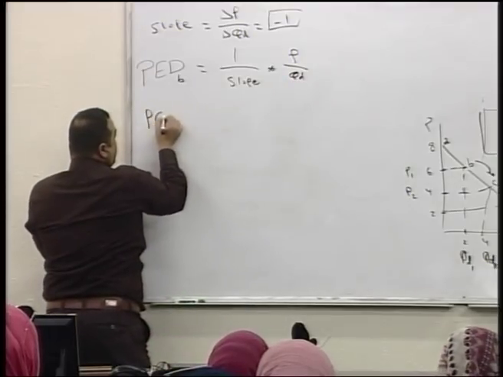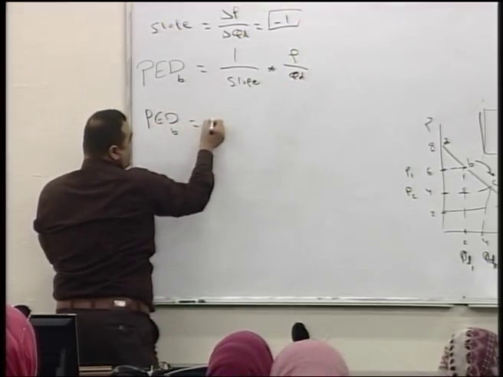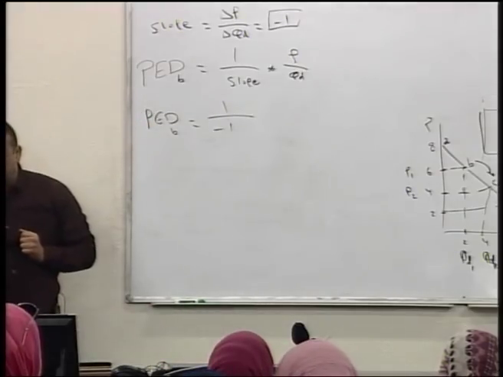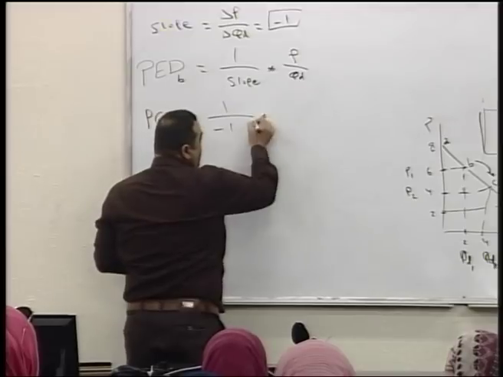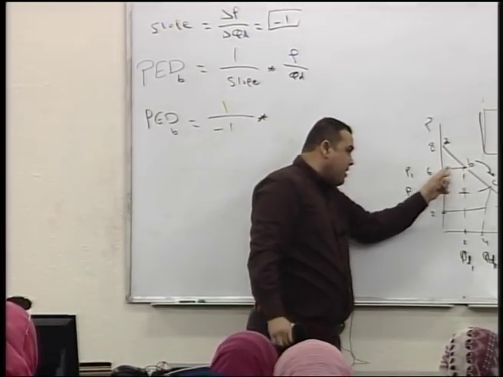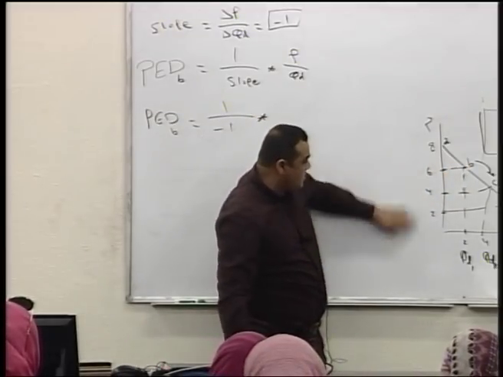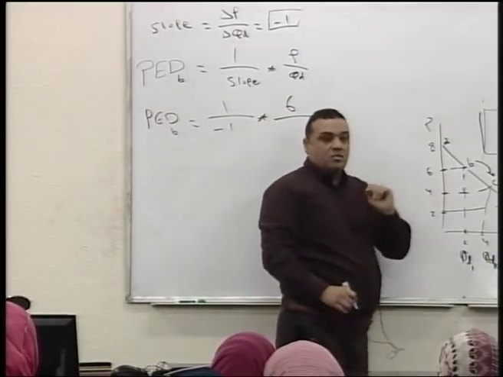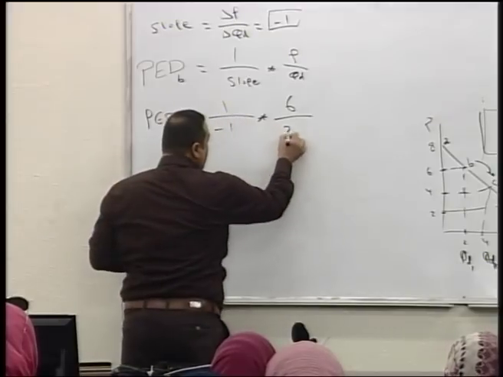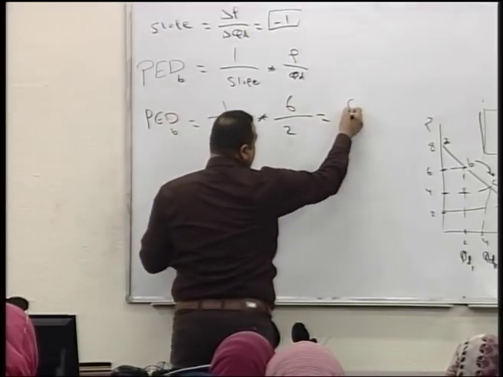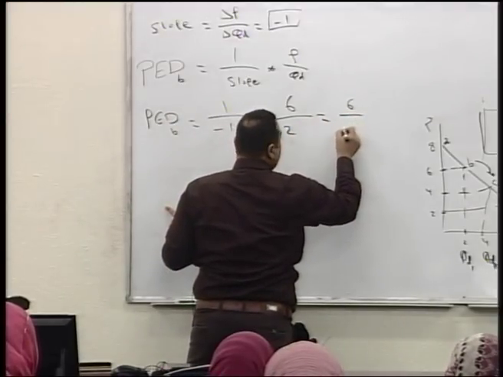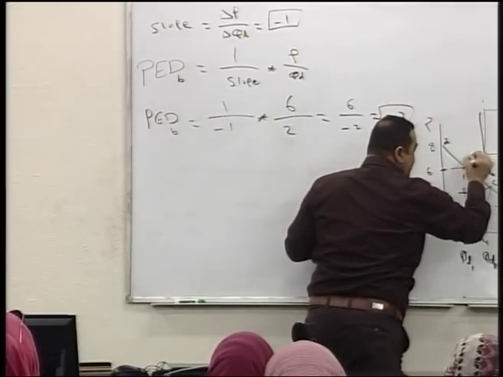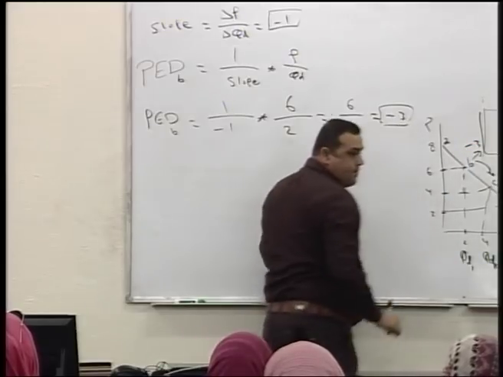So PED at point B equals 1 over minus 1, the slope of the demand curve, times the price at point B, 6, over the quantity demanded, 2. Minus 6 over 2 equals minus 3. So the price elasticity of demand here equals minus 3.